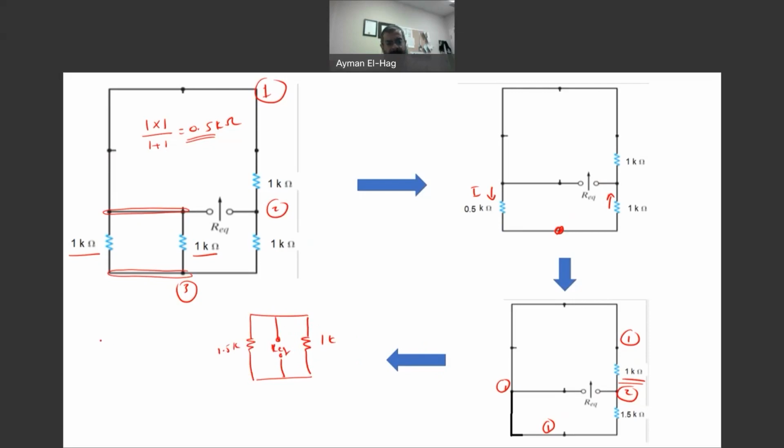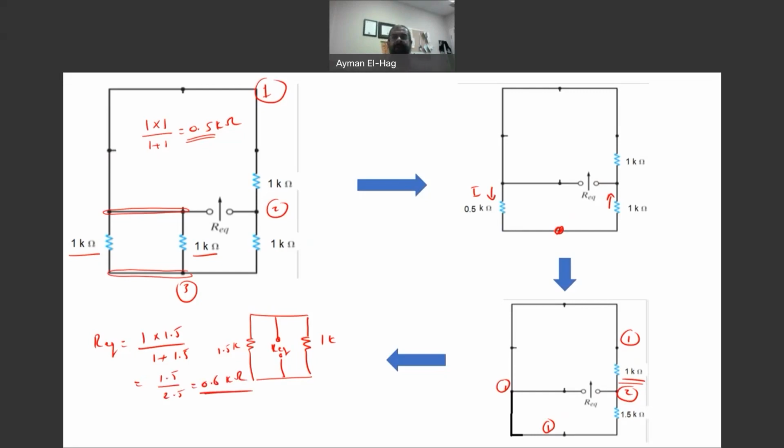These two are in parallel, so your R equivalent is equal to 1 times 1.5 divided by 1 plus 1.5, or 1.5 divided by 2.5, which is 0.6 kilo ohm. So you can see here what looks to us like a very complicated question can be easily solved once we follow these simple steps.